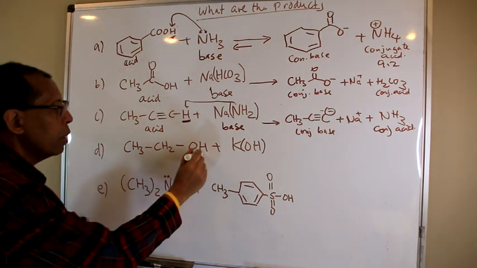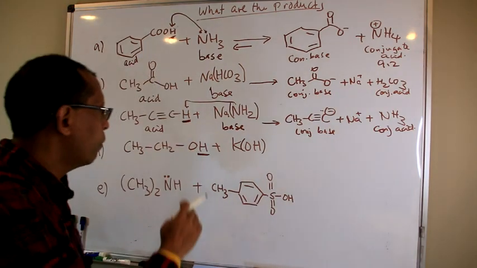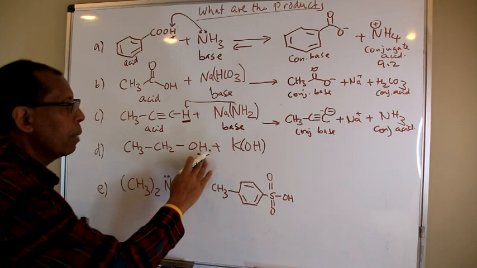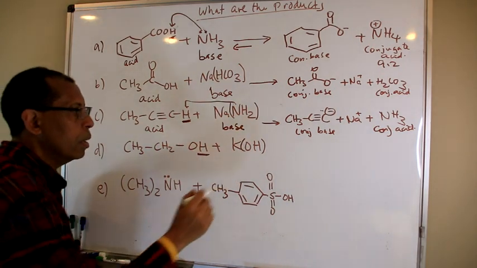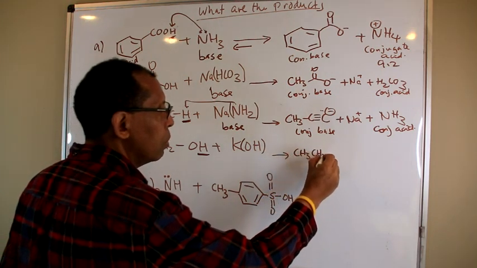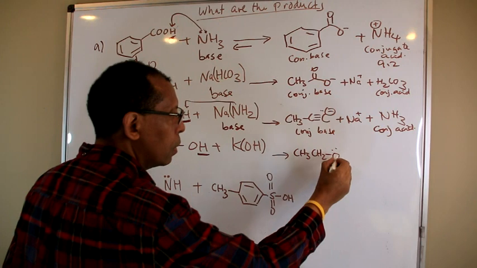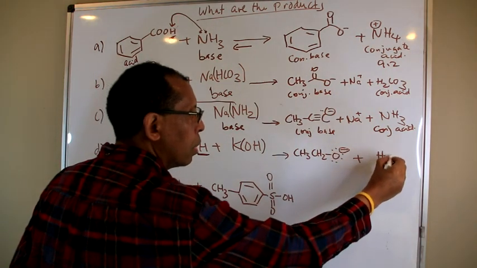The acidic proton is the one which is directly attached to oxygen. Therefore, this proton would be abstracted by the OH minus from the base. And then you would create CH3CH2O minus, the conjugate base, plus just water.